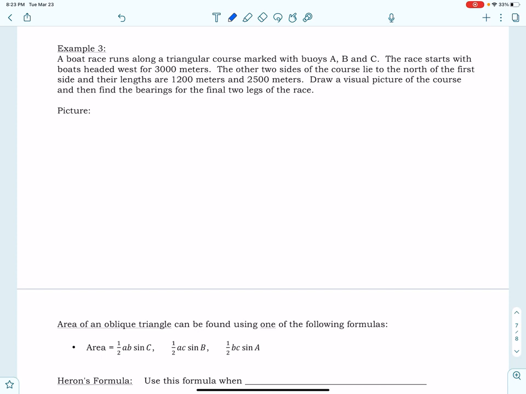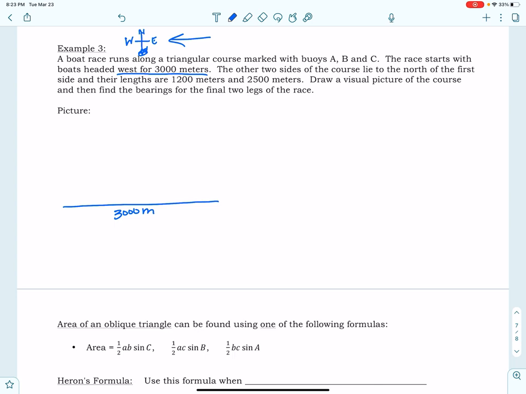All right, so we're told the boat heads west for 3,000 meters. So if you think about a compass, north, east, west, south, that means it's headed left, basically, from our point of view. All right, so I'm going to have something like this, and I'm going to call this 3,000 meters.